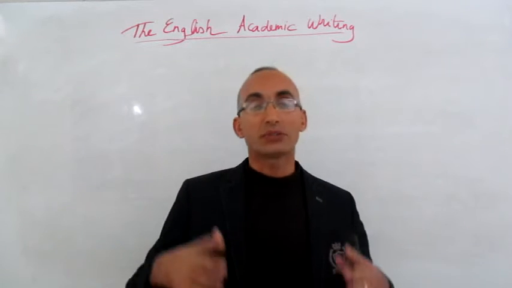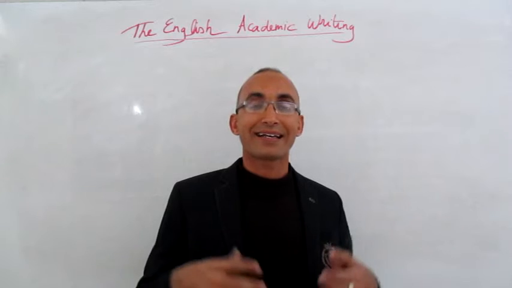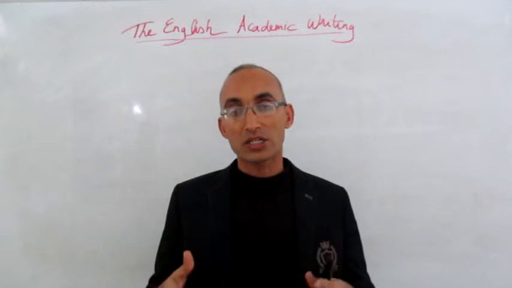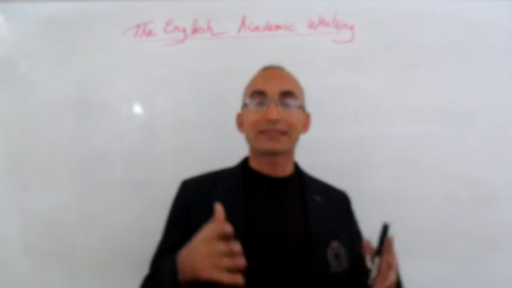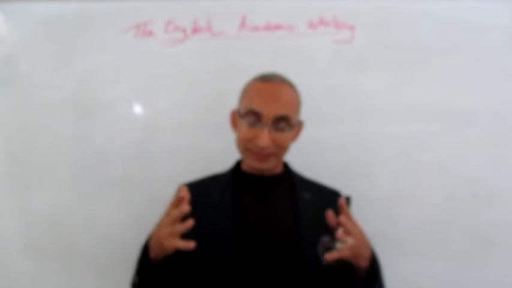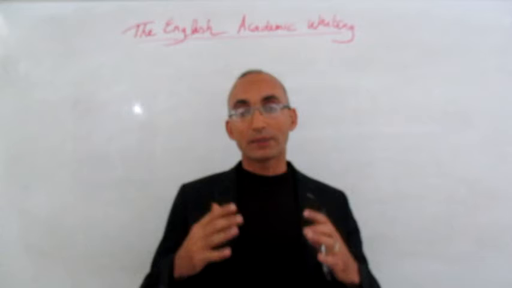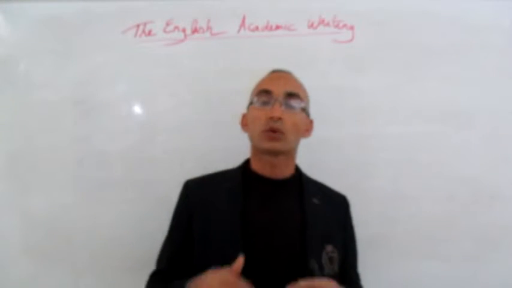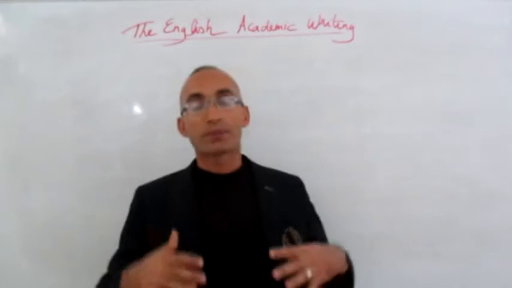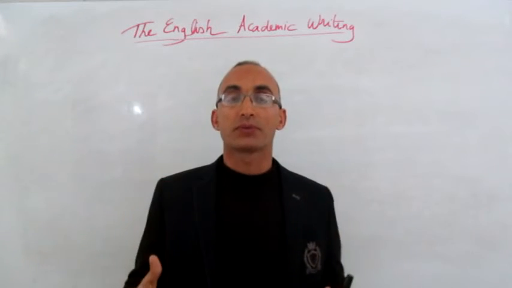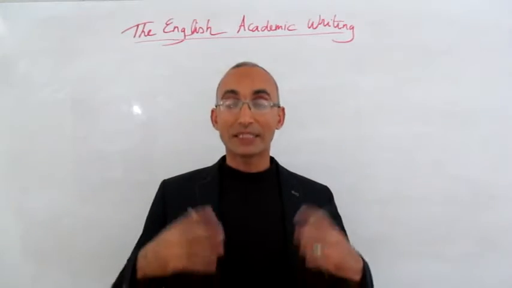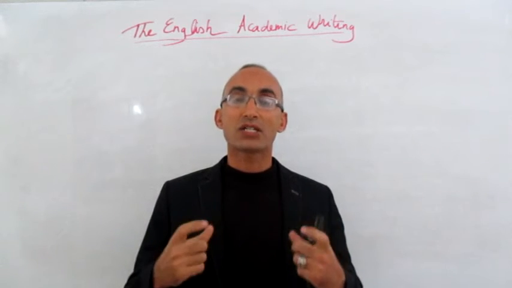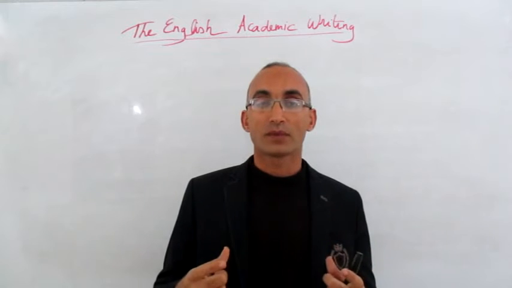So in fact there are many features and many characteristics which characterize the English academic writing style. But in this lesson we'll try to be as direct and brief as possible, and we'll focus mainly on the principal features that distinguish and that mark the uniqueness of the English writing style.